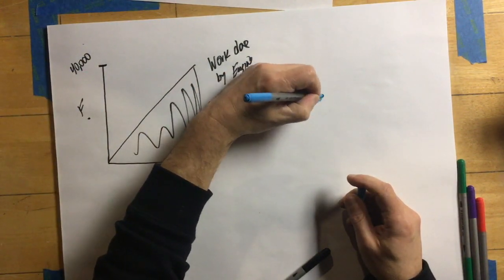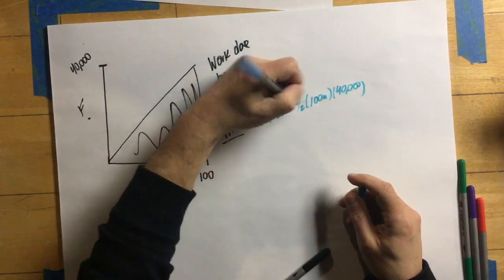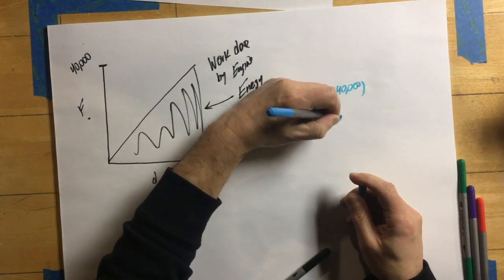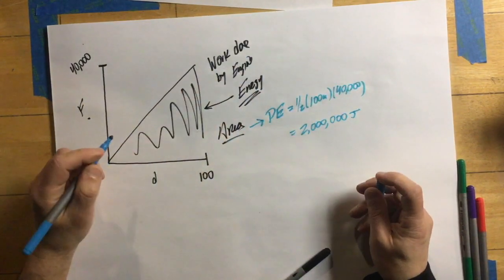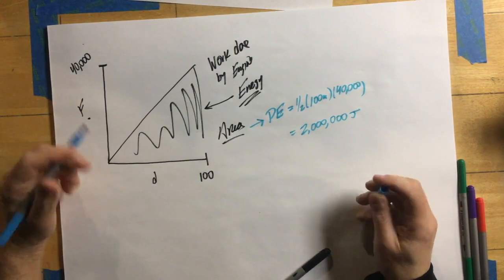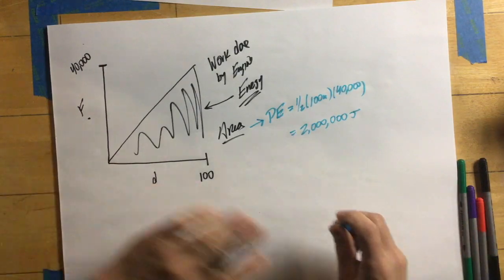The base is 100 meters long, and the height is 40,000 newtons. It's 1/2, so this is going to be equal to 2 million joules of energy that the rocket engines are releasing, or that are stored in the engines, and they're going to be used to make the rocket go higher and make it go faster.